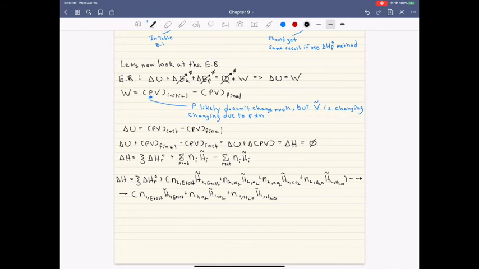Okay. And just to avoid any confusion, I know I said products and reactants here, but really it's probably better to just say the final minus the initial amounts.